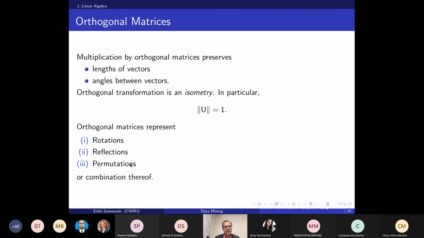Permutations: you change simply the ordering of the indices in your vector, and that's an orthogonal matrix. So orthogonal matrices turn out to be either rotations, reflections, permutations, or combinations of those. When we are talking about orthogonal matrices, I like to think of rotation. That's my sort of visualization of an orthogonal matrix. But of course you can have reflections and permutations. So they are very, very nice matrices.